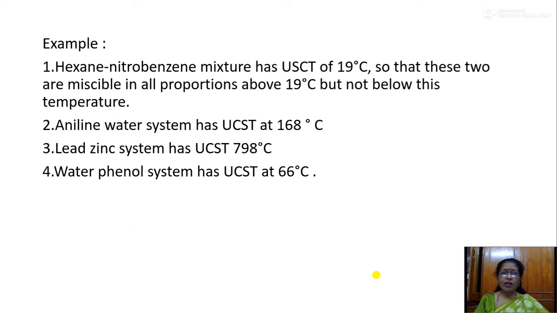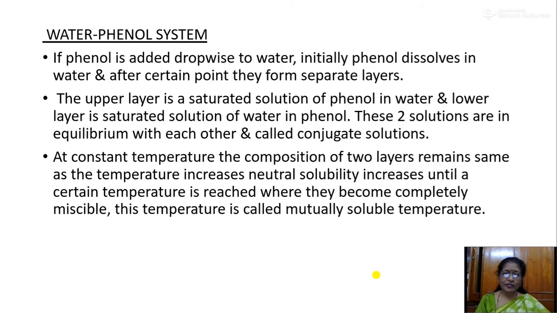Then aniline water has UCST at 168 degrees centigrade. The third one is the lead zinc system, which has UCST at 798 degrees centigrade. The last example, water phenol system, has UCST at 66 degrees centigrade. This is the ideal one we can discuss in future.